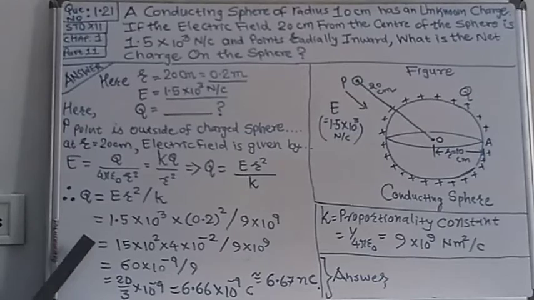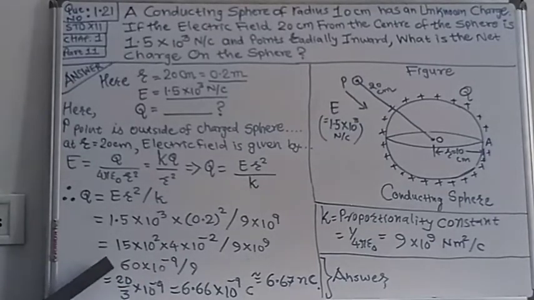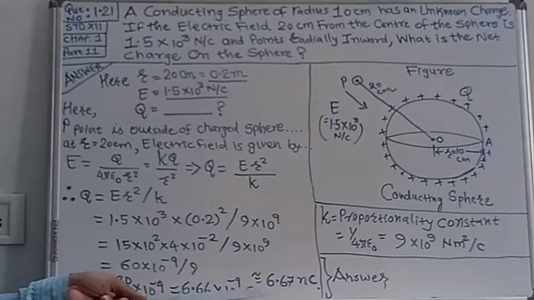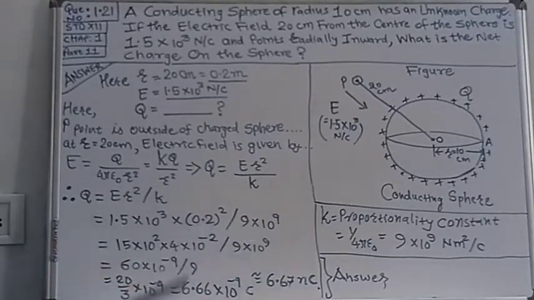So by simplifying, we get 15 into 10 raised to 2 into 4 into 10 raised to minus 2 upon 9 into 10 raised to 9, which is 60 into 10 raised to minus 9 upon 9, so 20 by 3 into 10 raised to minus 9. 20 by 3 is 6.666, approximately written as 6.67 into 10 raised to minus 9. So 10 raised to minus 9 Coulomb is 1 nanocoulomb, and we can write the answer as 6.67 nanocoulomb. So this is the answer.